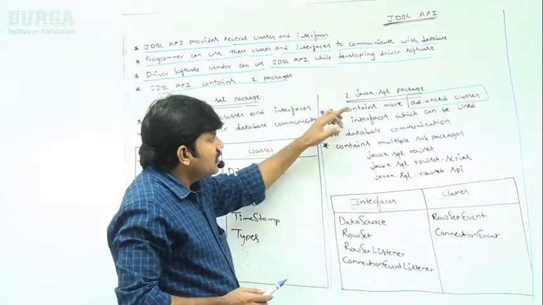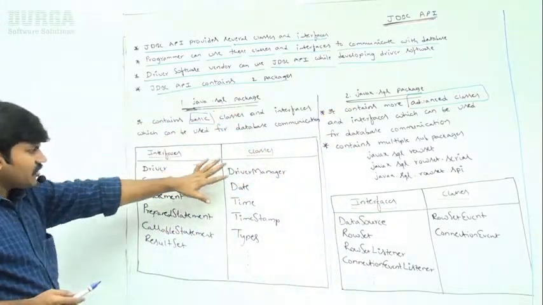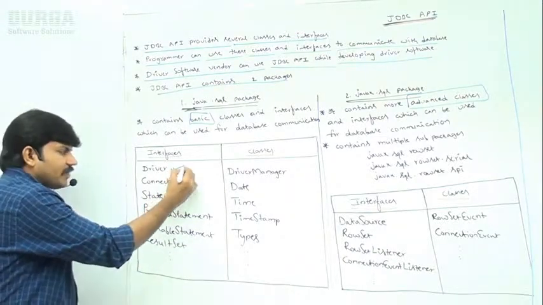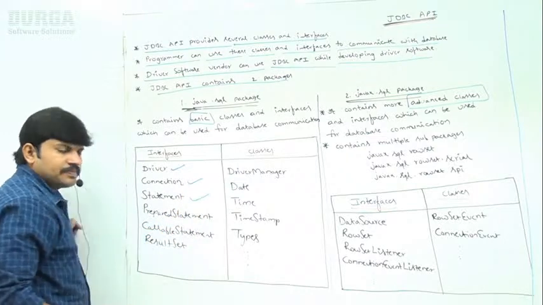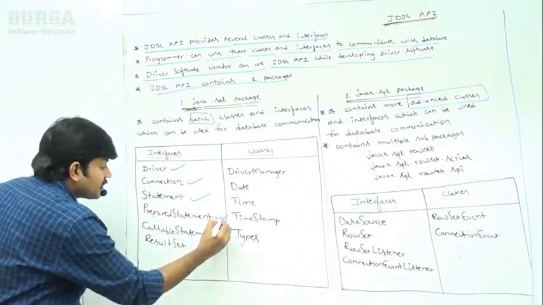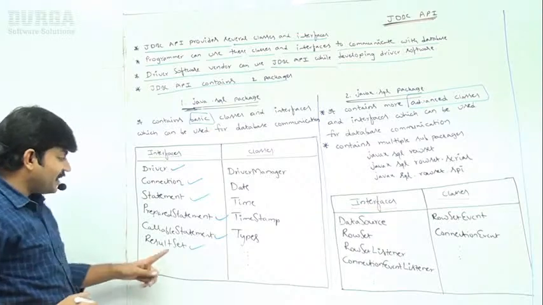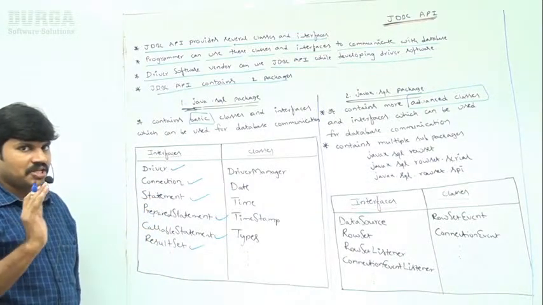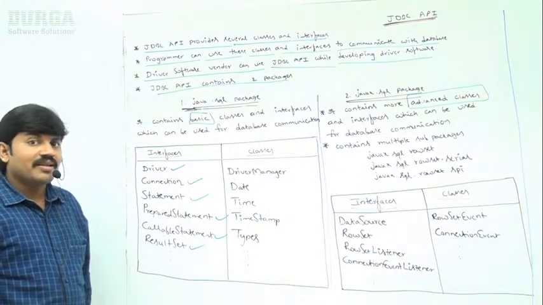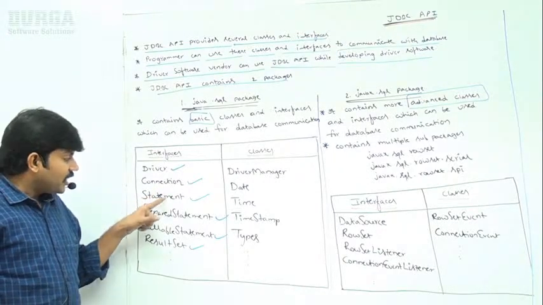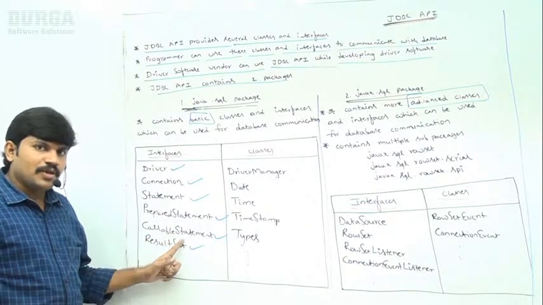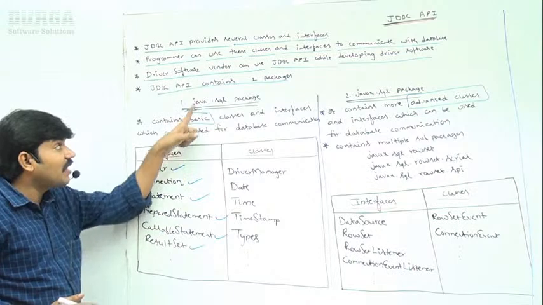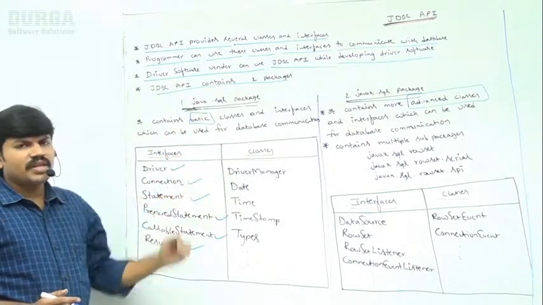In the java.sql package, what are the various important interfaces? Driver, Connection, Statement, PreparedStatement, CallableStatement, ResultSet, like this. A very important question for the interview room: what is a Statement? How many statements are there in JDBC? Statement, PreparedStatement, CallableStatement, all these are interfaces present inside the java.sql package. What are the various classes?